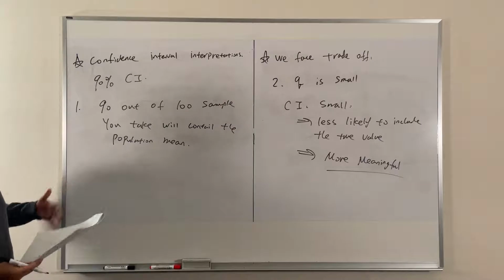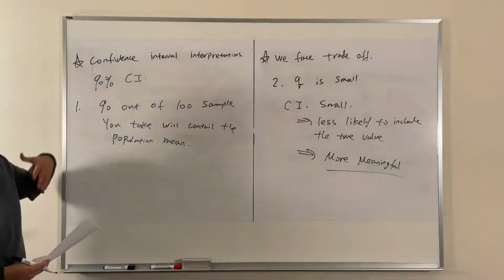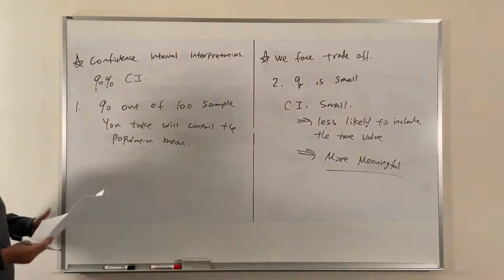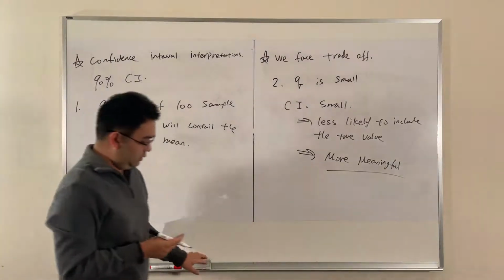So basically you construct 100 confidence intervals, and then 90 of them will contain the population mean. Okay, that's one interpretation.